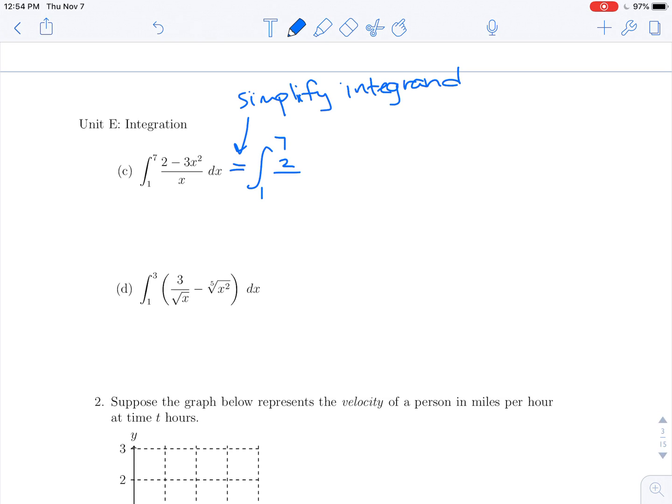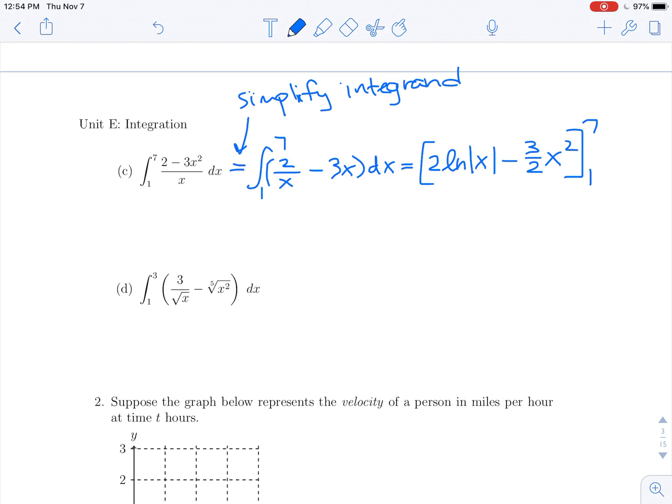This is the same thing as 2 over x minus 3x being integrated with respect to x. So we need to come up with an antiderivative. So 2 natural log absolute value x minus 3 halves x squared. And we're going to plug in 7 and 1.